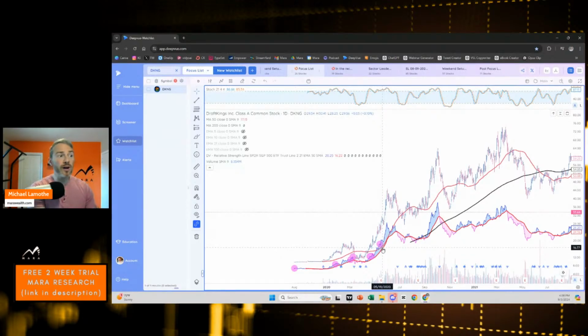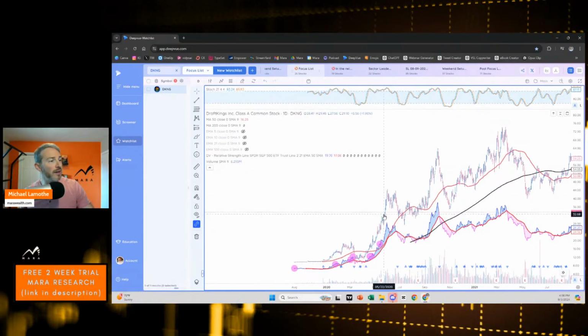And the reason why you want to be interested in stage two is because that's when the momentum is on your side. So price can be trending up when you're in stage two. Price could also consolidate and get ready for its next leg up, also in stage two.